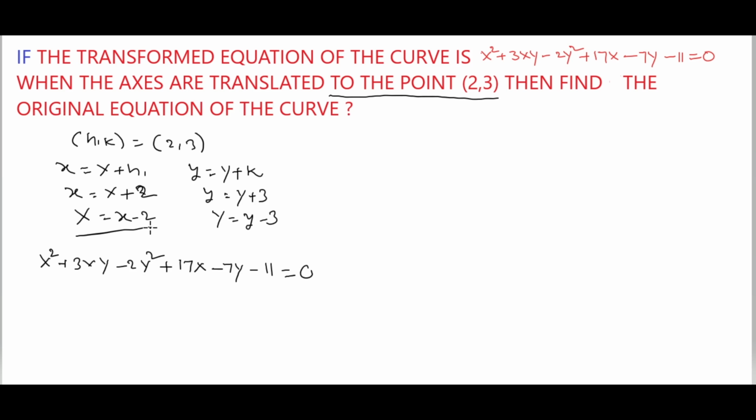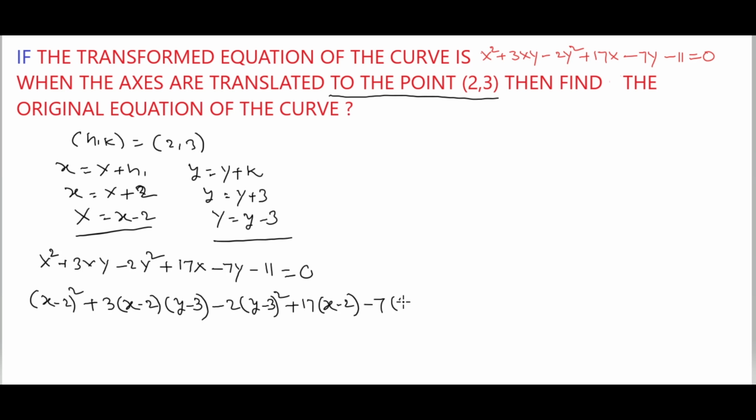Substituting the capital X and capital Y values, capital X is small x minus 2: (x minus 2) whole square plus 3 into (x minus 2) into (y minus 3) minus 2 into (y minus 3) whole square plus 17 into (x minus 2) minus 7 into (y minus 3) minus 11 is equal to 0.